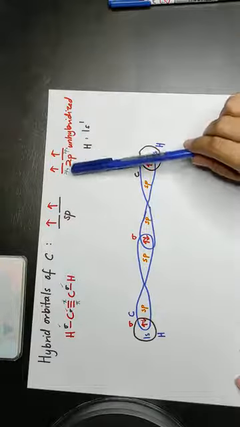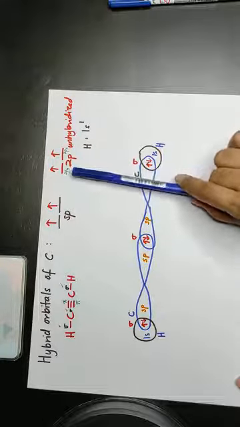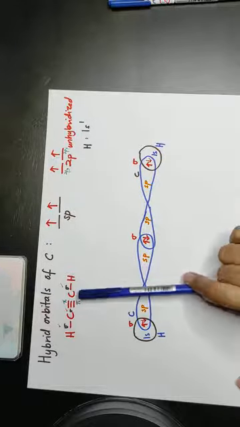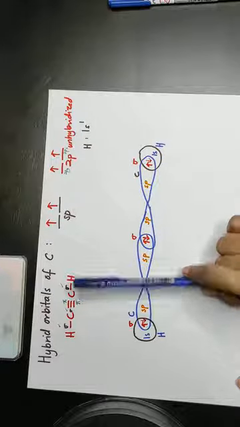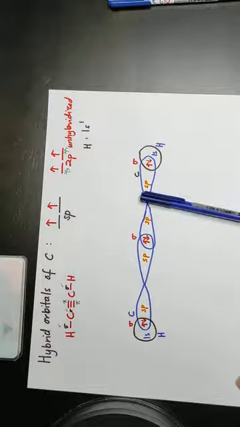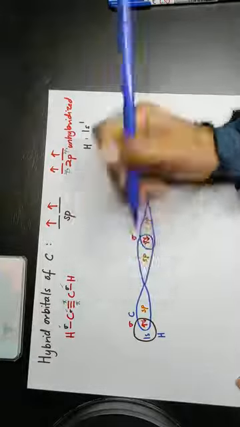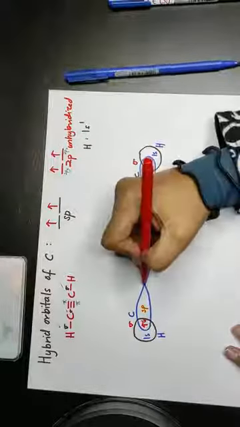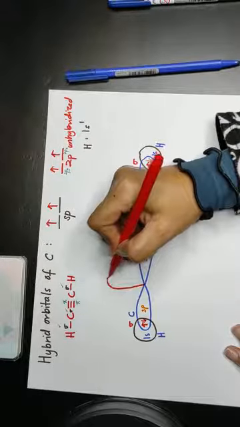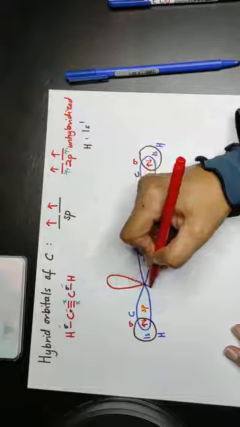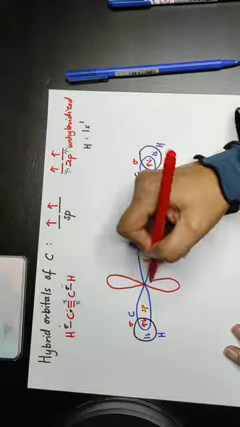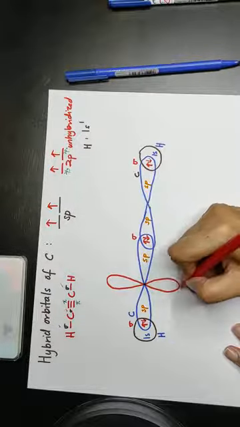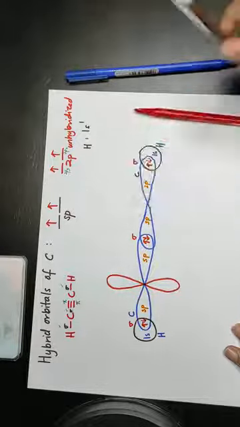Okay, so I want to show the formation of the first pi bond. Let's say the 2py from the first carbon overlaps with the 2py from the second carbon atom. So let's say I label here 2py.